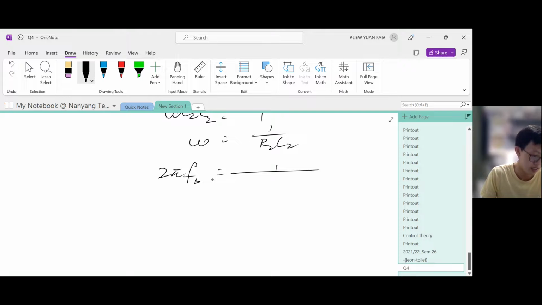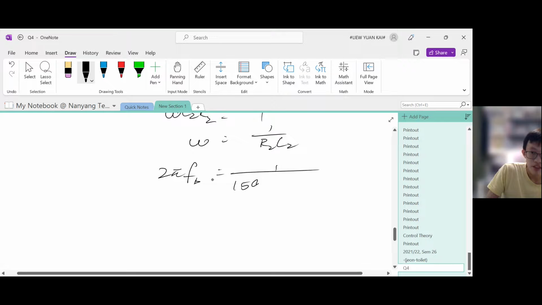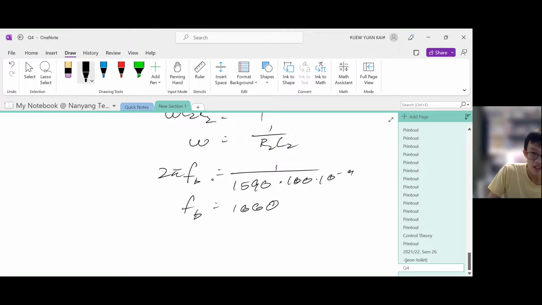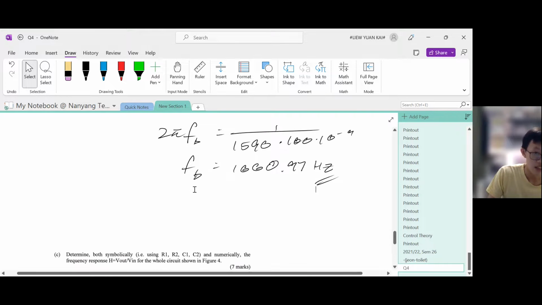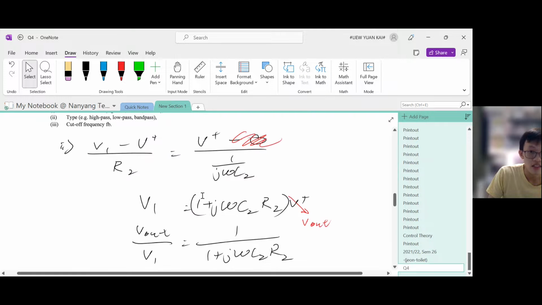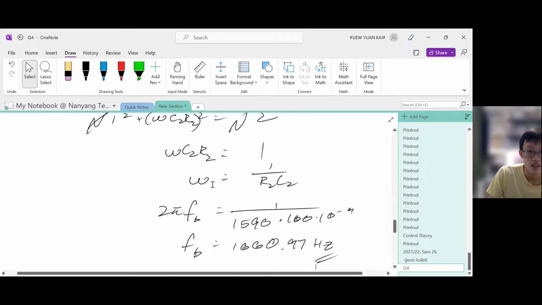This time it is 1.59 kilo ohms times 100 nanofarads. Then you solve for fb, and you should get 1000.97 hertz. So this is the cutoff frequency, and we're done.